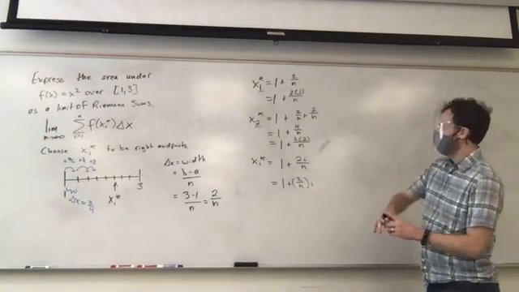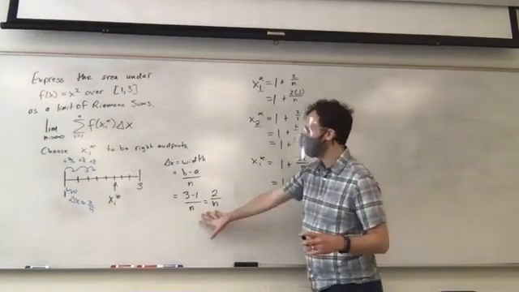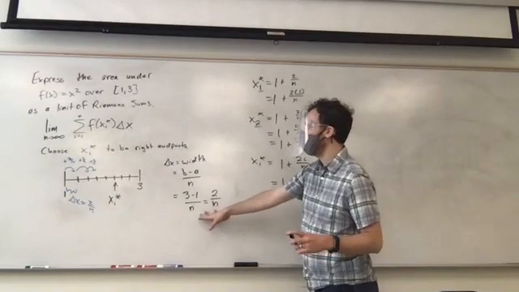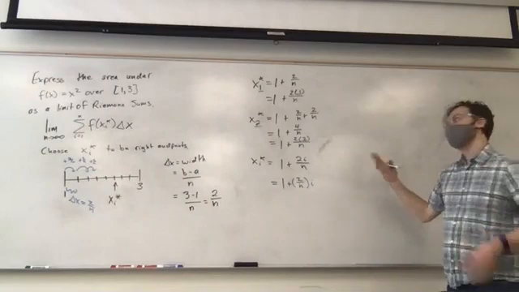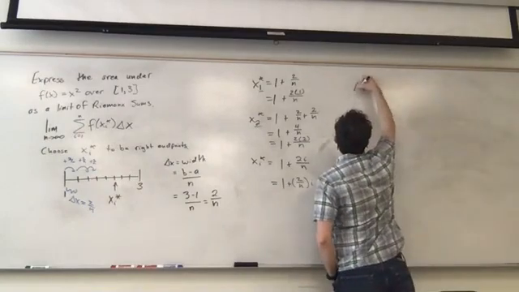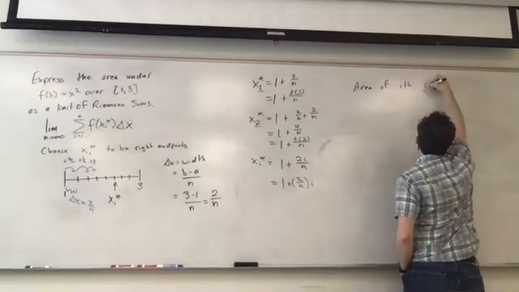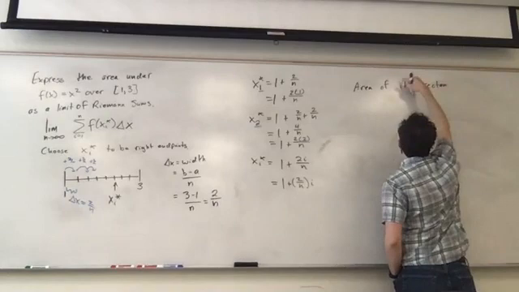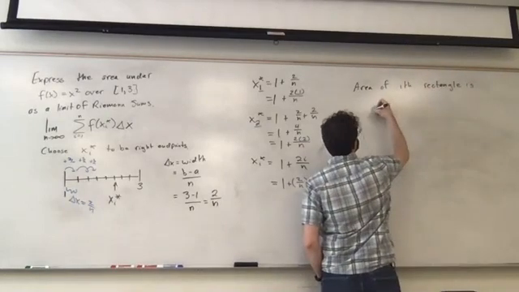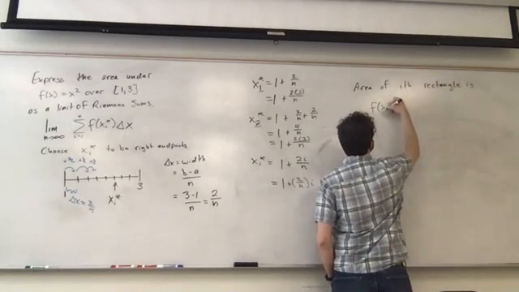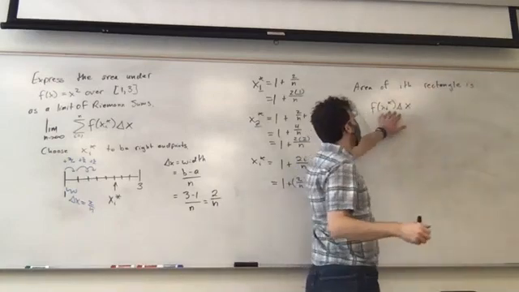And given the endpoints that we're using to test the height of our function and the widths of the intervals we're building rectangles over, we can start to come up with the area that we're looking for. So the area of the ith rectangle is the height times the base, but we know what these are.